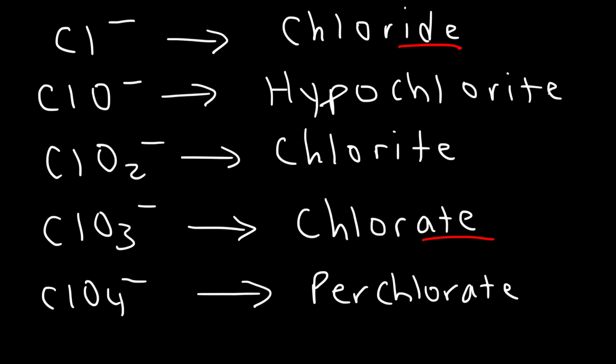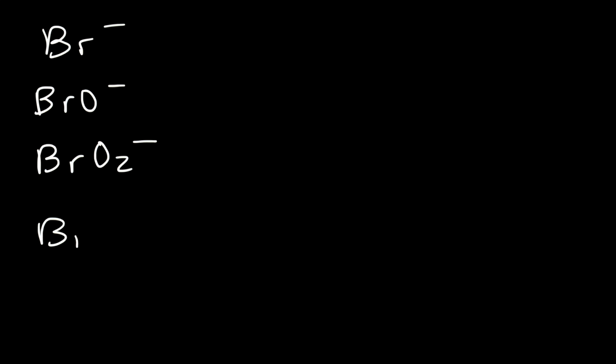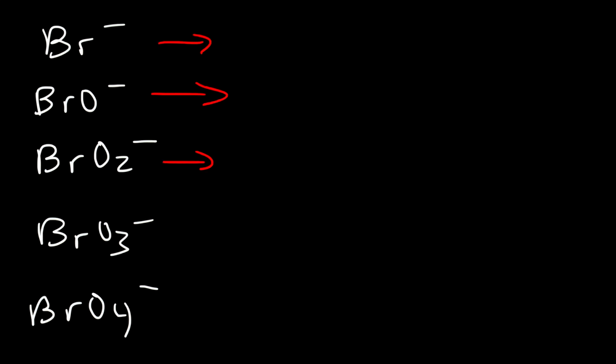So knowing that, go ahead and name these 5 ions: Br minus, BrO minus, BrO2 minus, BrO3 minus, and this one as well. So pause the video and see if you can name all 5 of these correctly.